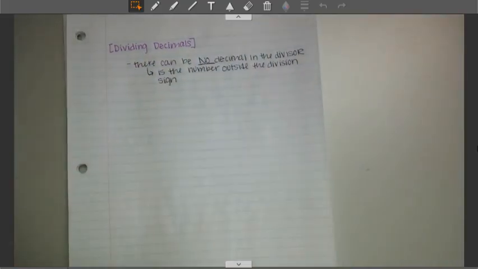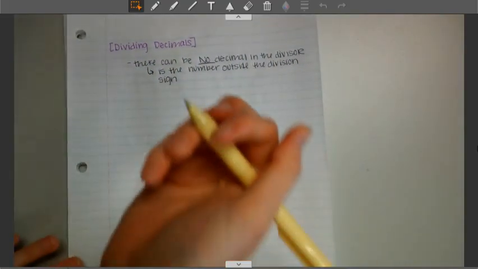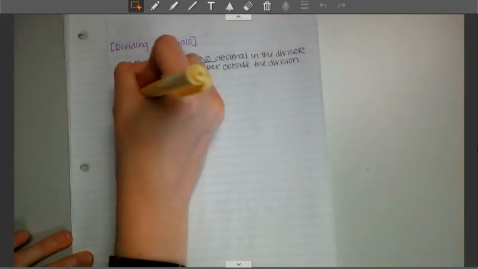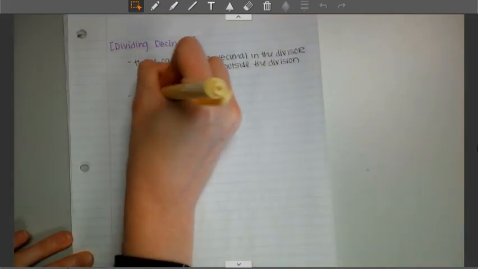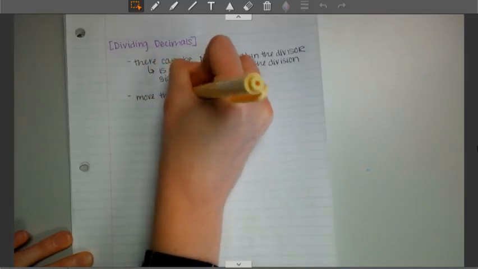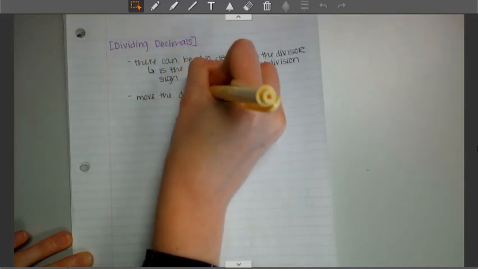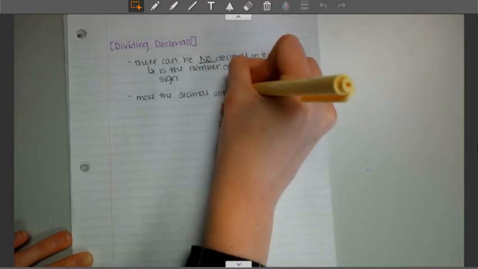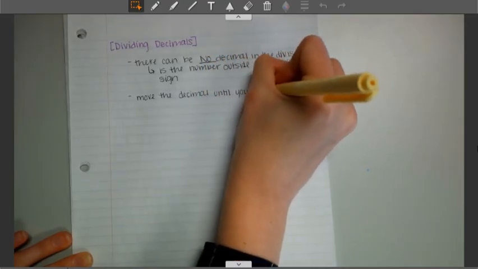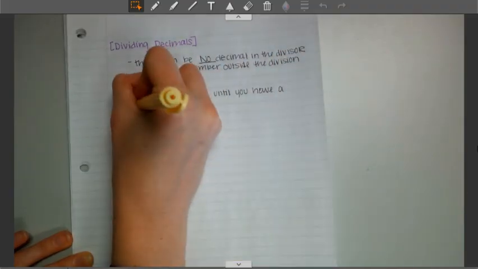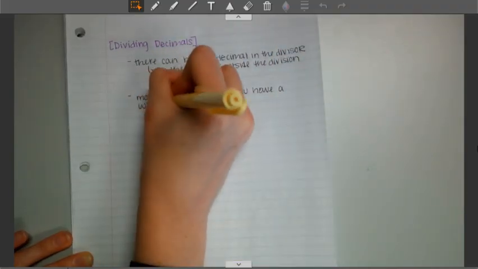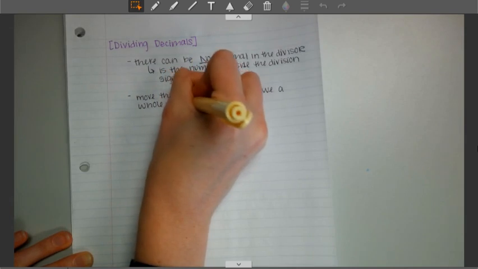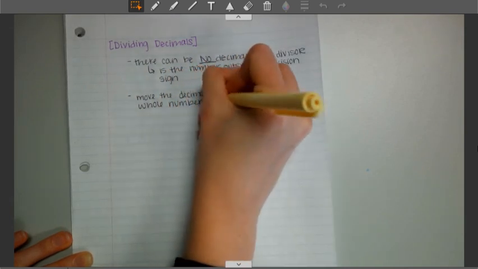If I don't have a decimal in the divisor, I can go ahead and start dividing. But if I do have a decimal, you are going to move the decimal until you have a whole number in the divisor.